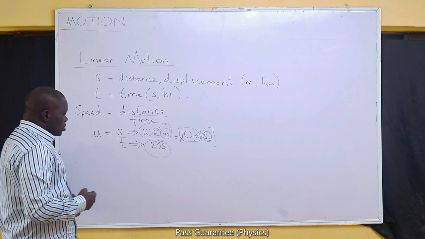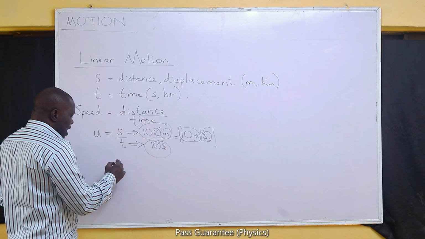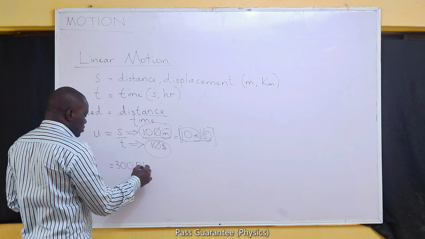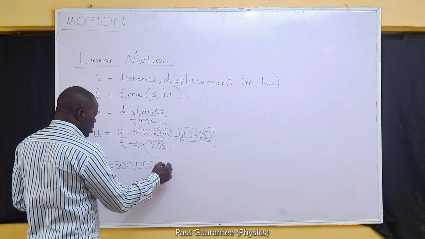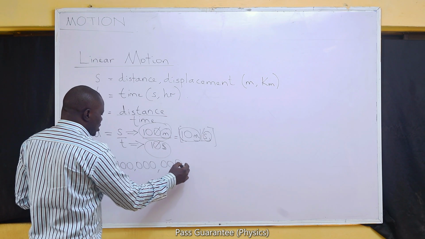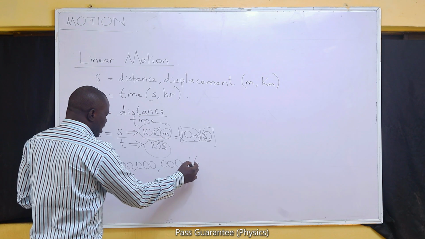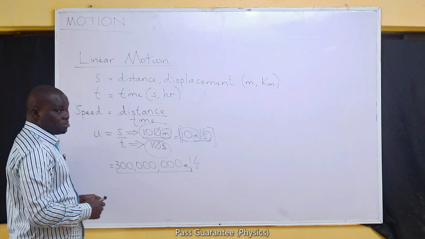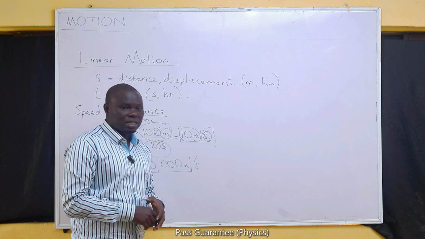The fastest known thing to man is light. Light travels with a speed of 300 million meters per second. That means if you give light 1 second, it will cover a distance that is equal to 300 million meters, which is a great distance.